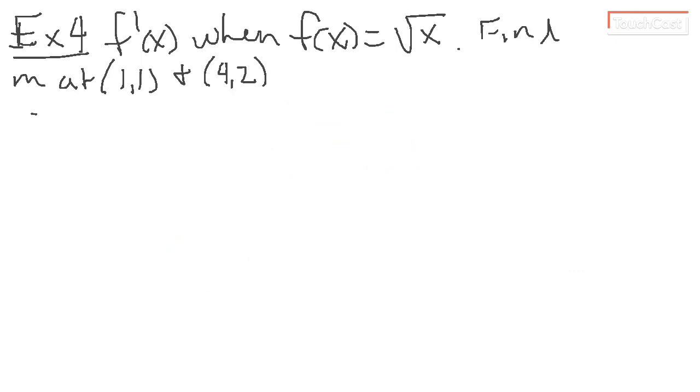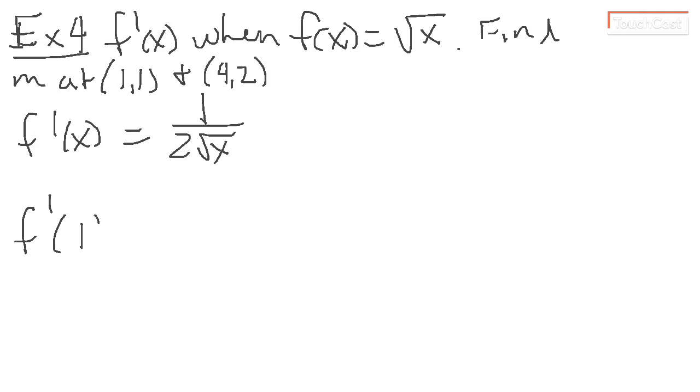Okay, so our derivative was 1 over 2 square roots of x. So we're looking for f prime at 1 and then f prime at 4. So at 1 we're going to have 1 over 2 square roots of 1.